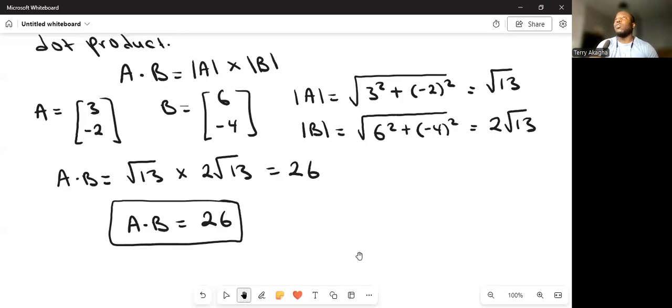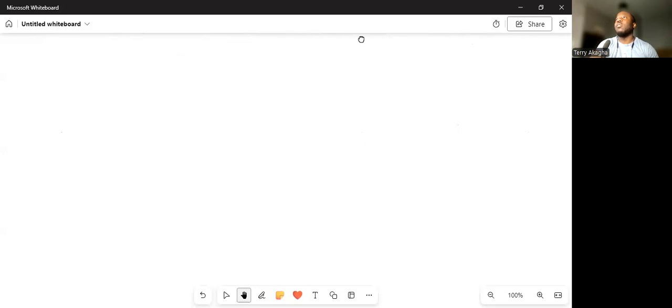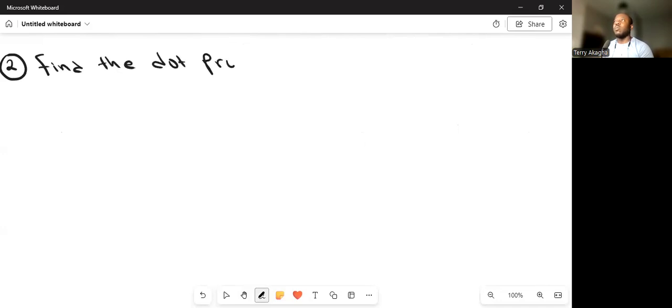Let's pick just one more example for this, then we'll go to the next topic. Let's assume we're told to find the dot product of two parallel vectors given below.